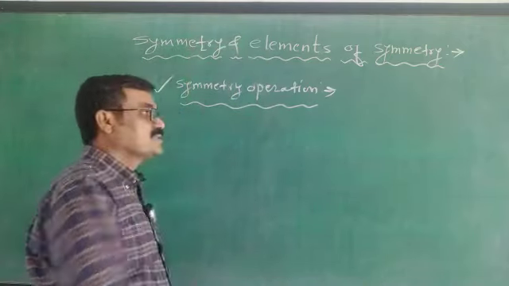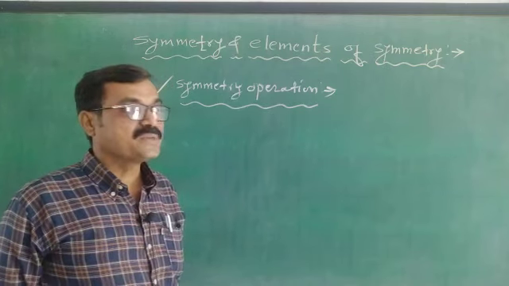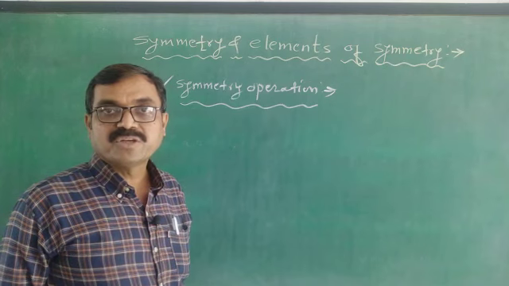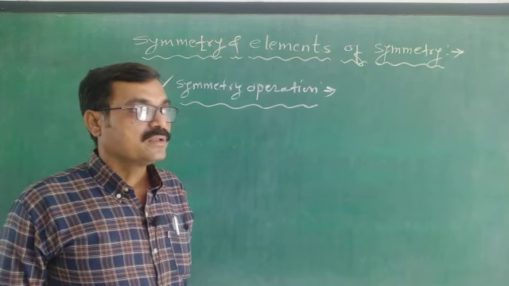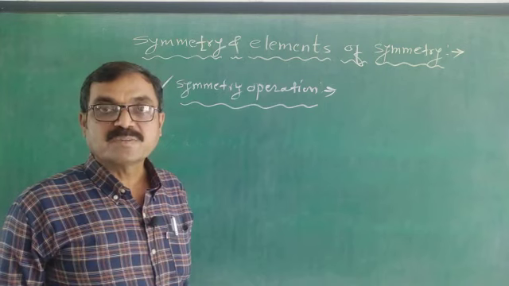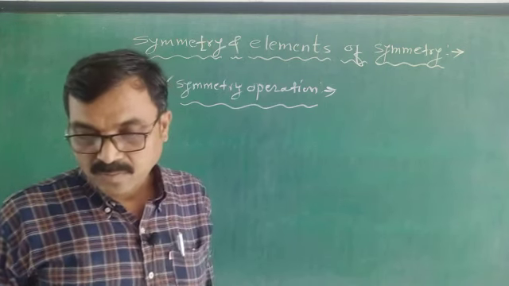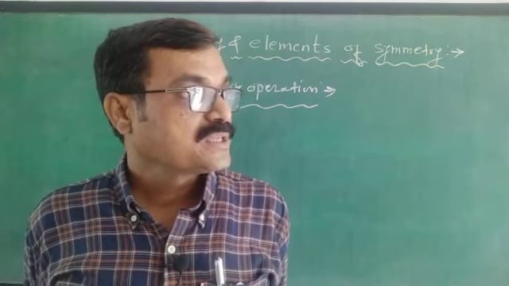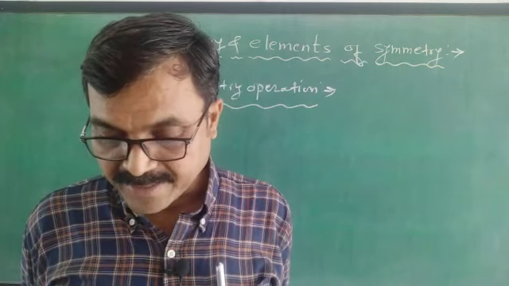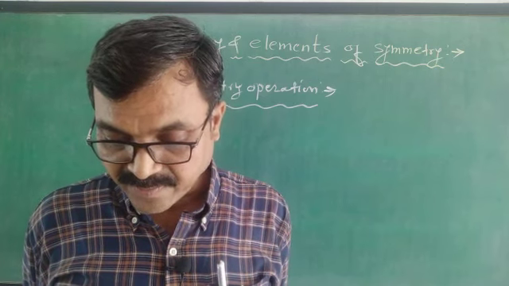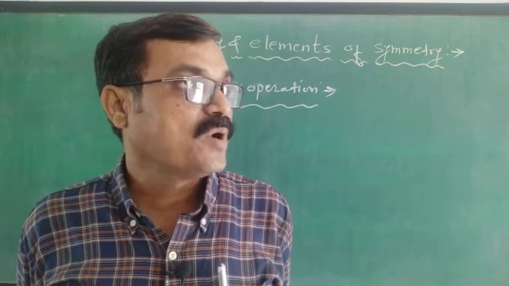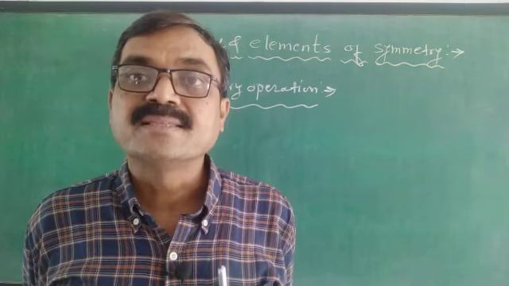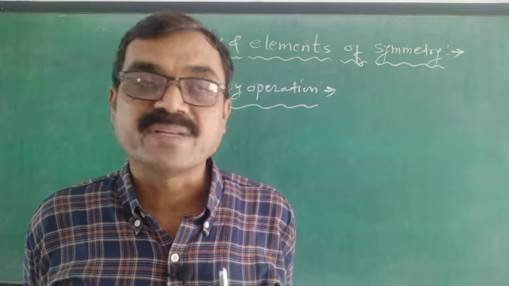What is meant by symmetry operation? Symmetry operation is a process or path or way by which the crystal can be studied with respect to symmetry. Now in such a symmetry process, the planes, axis and center with reference to which the symmetry operation is carried out, these are known as the elements of symmetry.